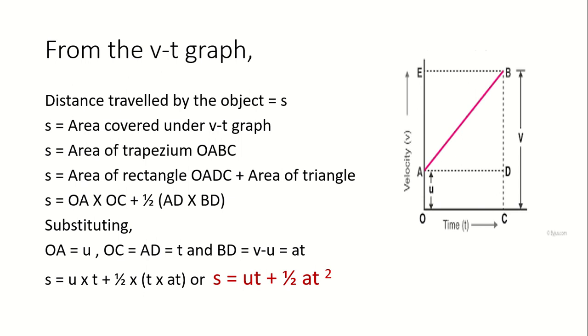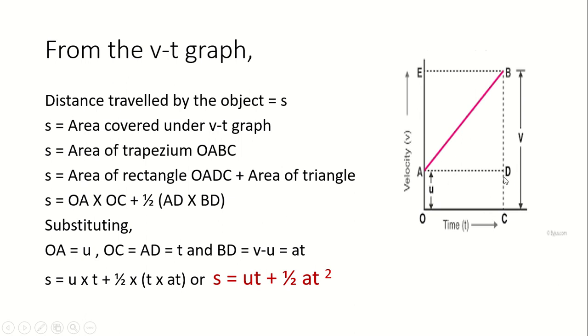Area of rectangle is length into breadth, and area of triangle is half into base into height. So we have written for area of rectangle OADC, OA into CD, plus half into base. AD is the base of this triangle and BD is the height of this triangle. Now let us substitute the values. OA equals u, OC equals AD equals t.